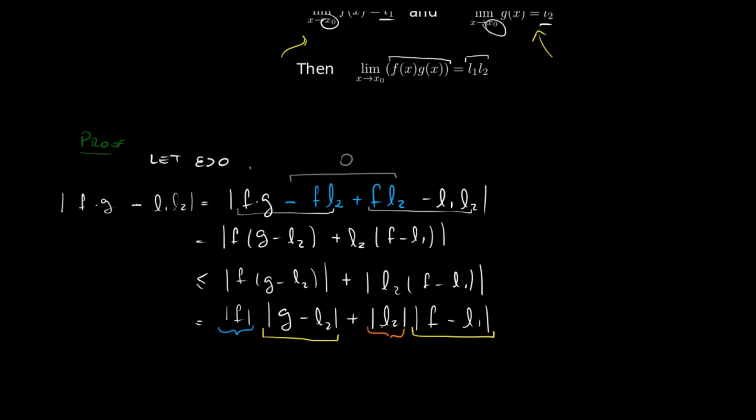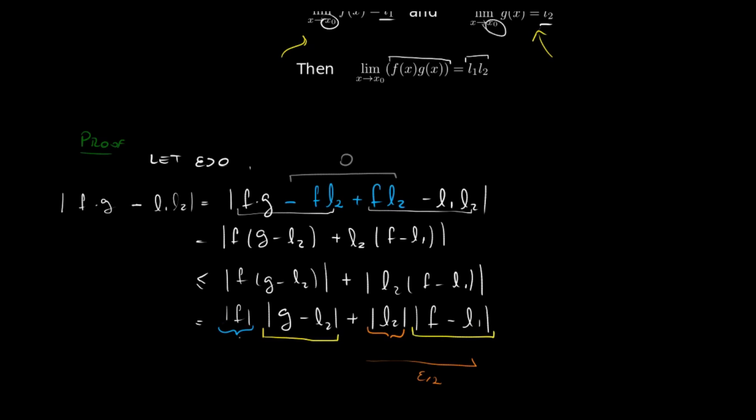The L2 won't affect much because if we can make this smaller than epsilon, then we can make it smaller than epsilon divided by 2 times L2, because we have a sum and in the end we want to have in this whole term an epsilon over 2. But here we can't make it smaller than epsilon over 2 times f because then it would depend on x, and we can't do that. We talked about this in our previous video.